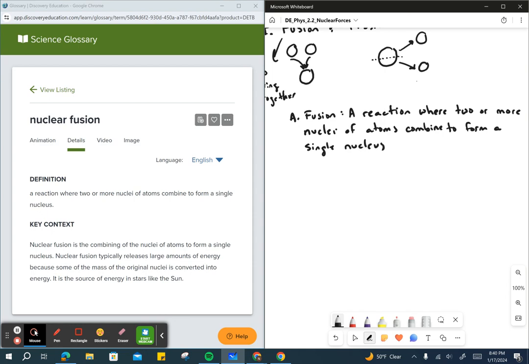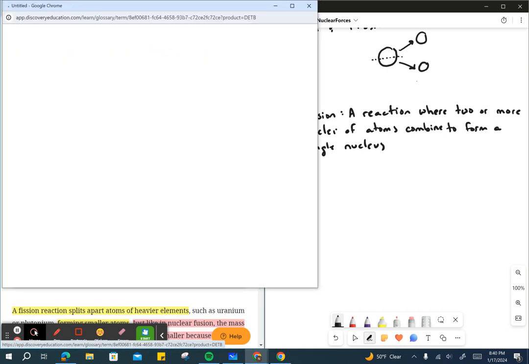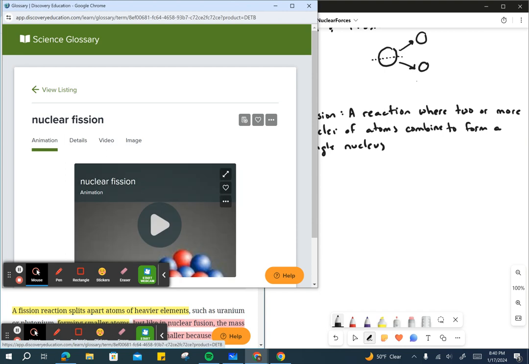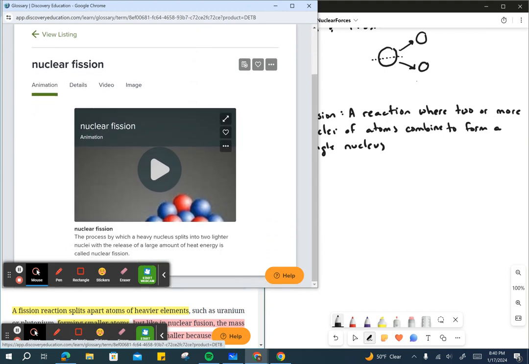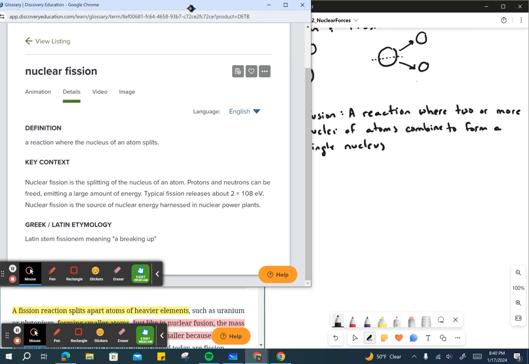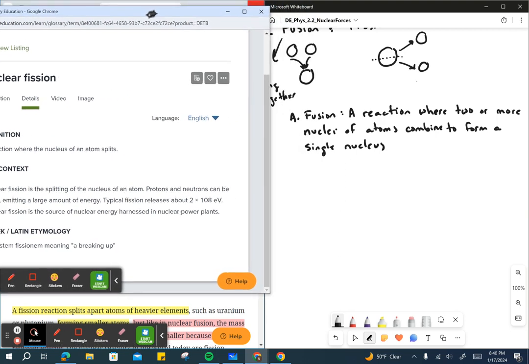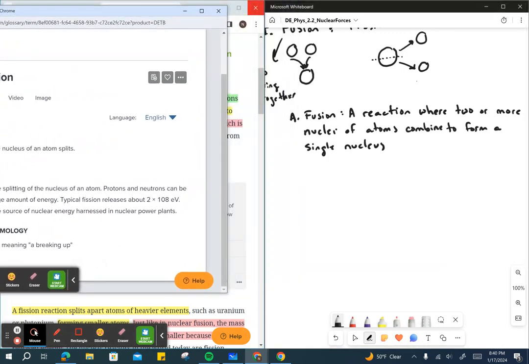Okay. And if we were to get out of here, I'll just close it down and now click on the term nuclear fission. Again, remember, you guys have the animations. They give you descriptions and details. They give you context, which is really important. But we're just going to focus right now on the definition. A reaction where the nucleus of an atom splits.